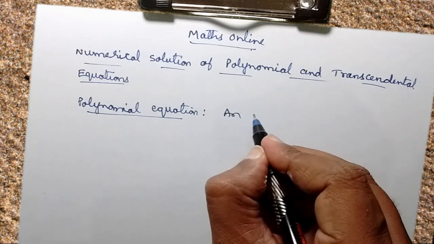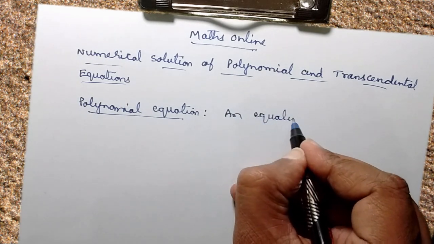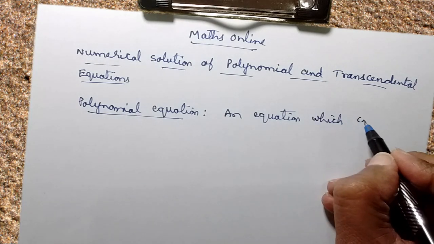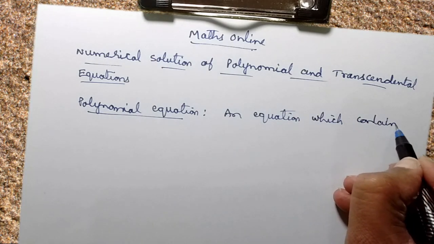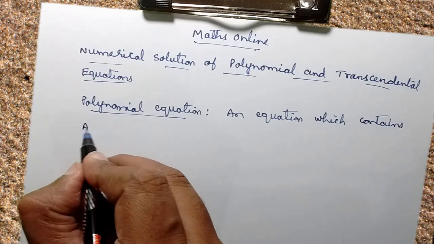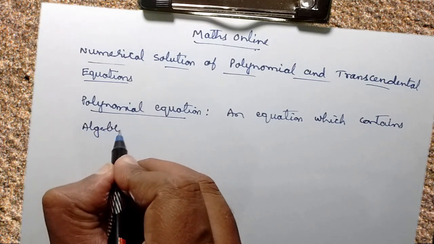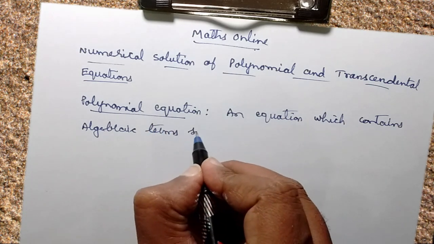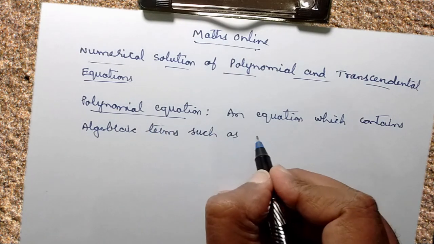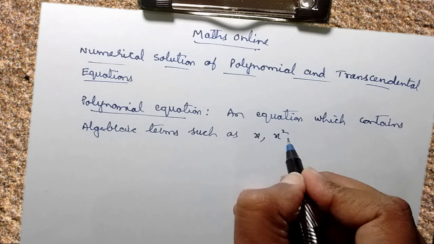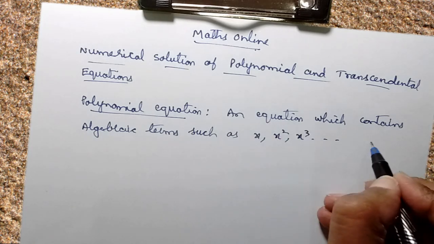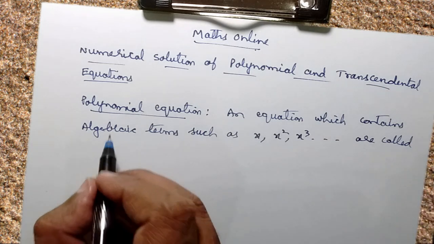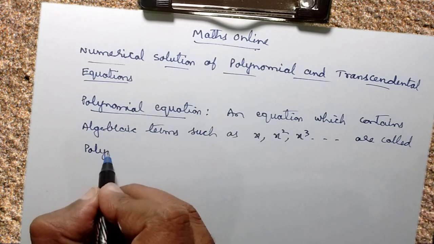An equation which contains algebraic terms such as x, x square, x cube, and so on is called a polynomial equation.